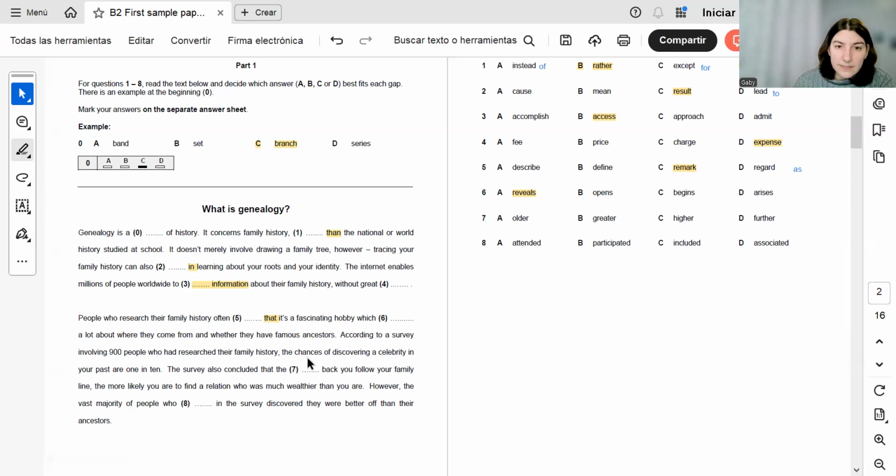Okay, let's see, back. The older back you follow a family line, the greater back, the higher back, or the further back. So further, because here we're talking about distance, going back in the generations.